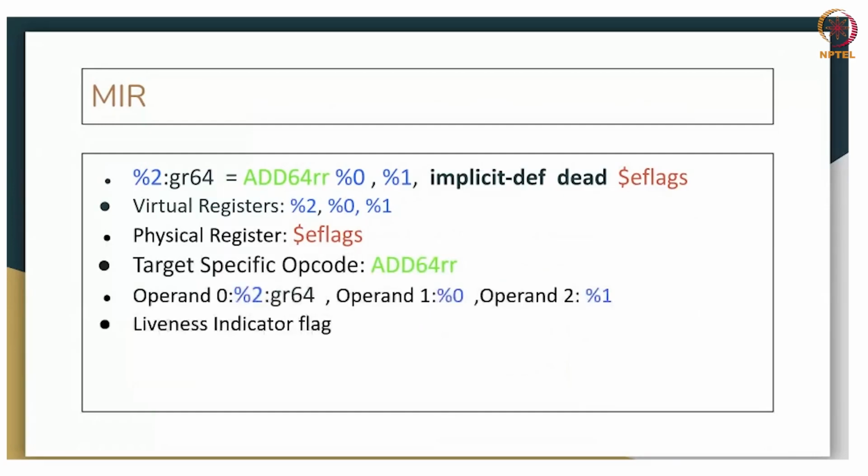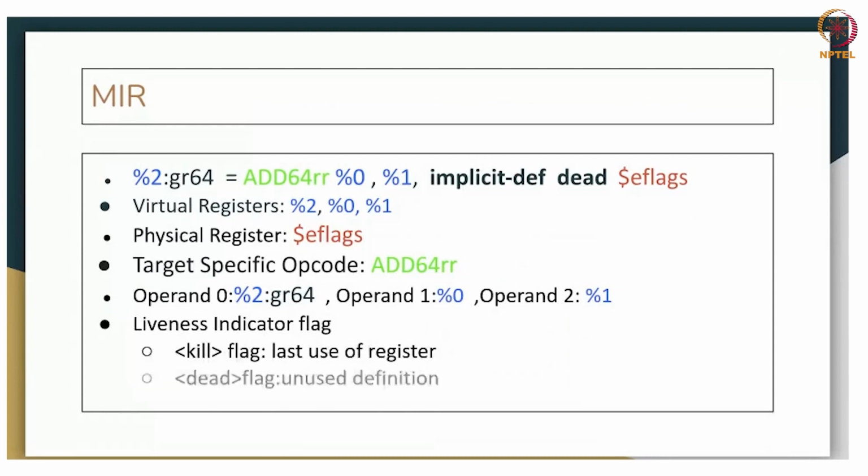There would also be liveness indicator flags: kill means the last use of a register, and dead means an unused definition. So this is the meaning of these flags in this MIR. And even the result register like the percentage register is also called an operand.